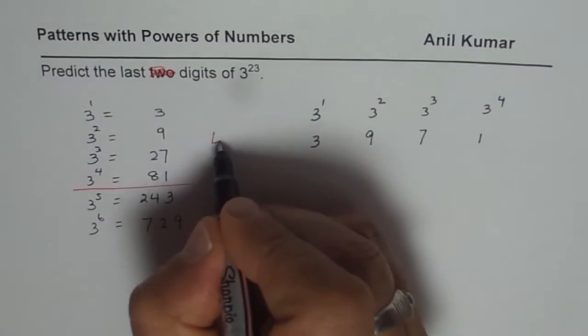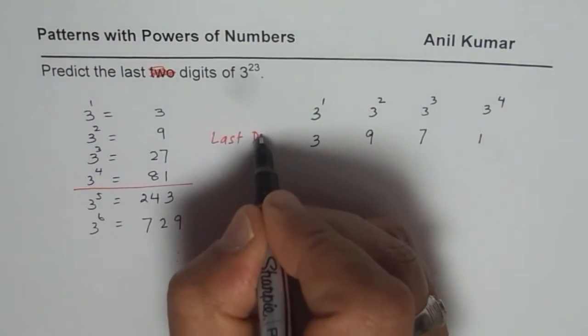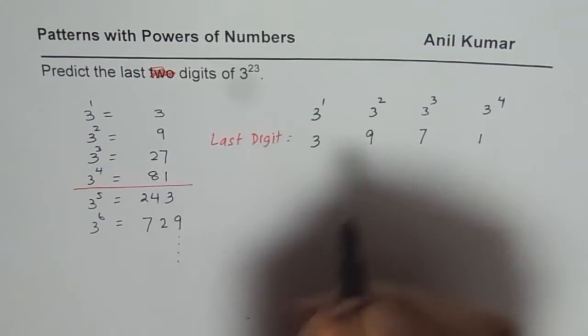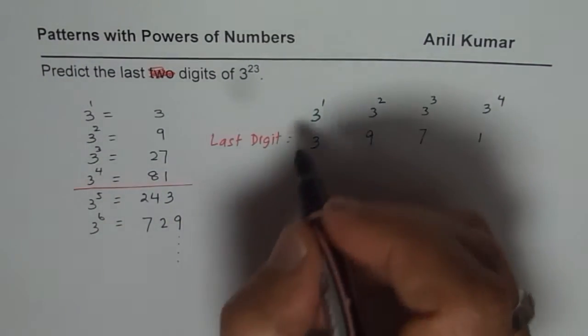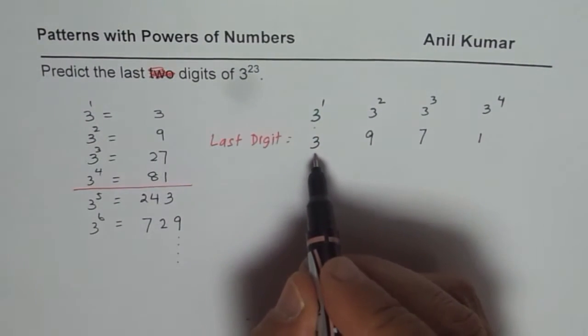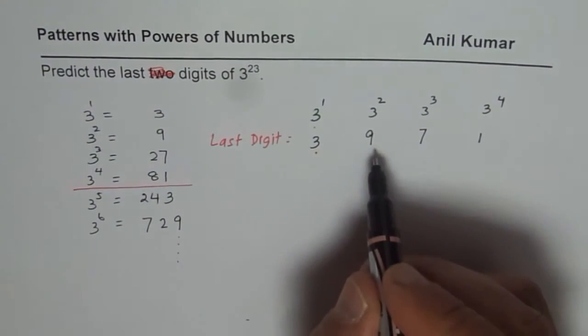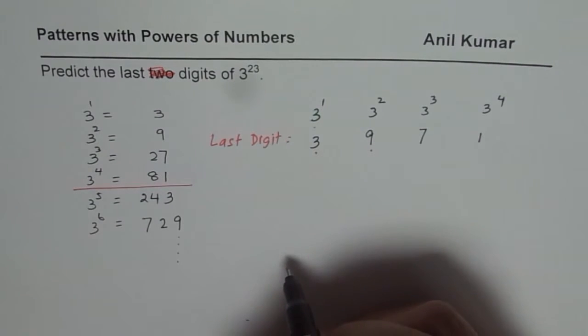So we are just writing the last digit. Now if I say 3 to the power of 5, then the last digit is again 3. 3 to the power of 6, last digit is 9.